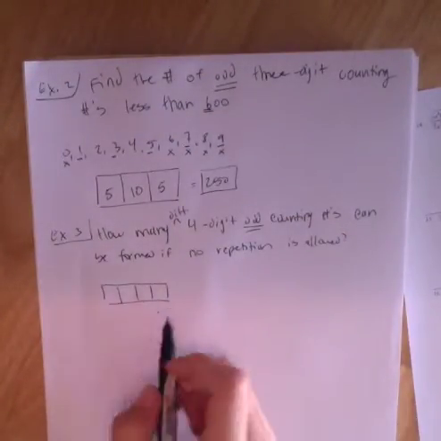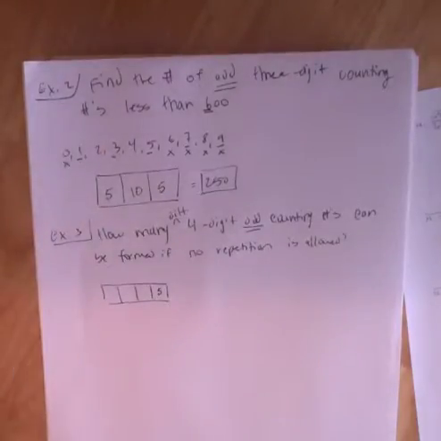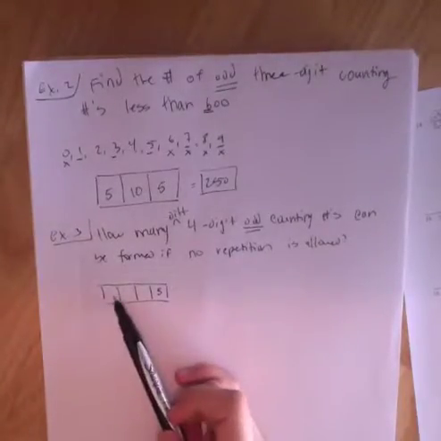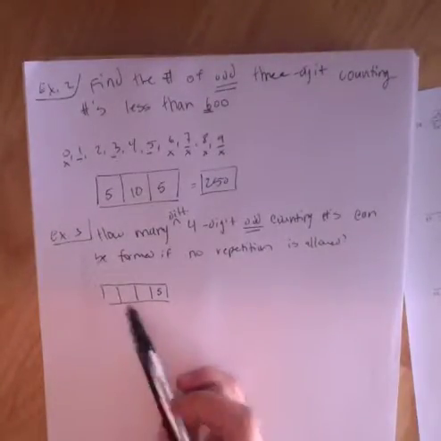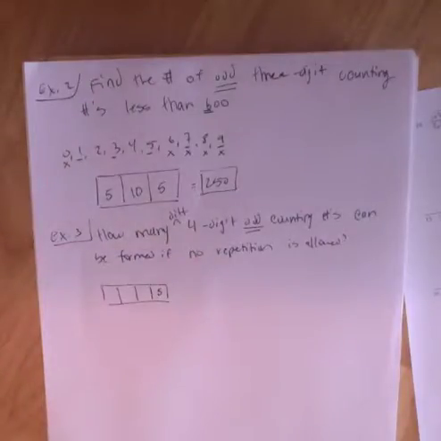So again, if it's going to be odd, we have 5 options for our very last number. And if we look at our first number, we know it cannot be 0, because then it wouldn't be a 4-digit counting number.